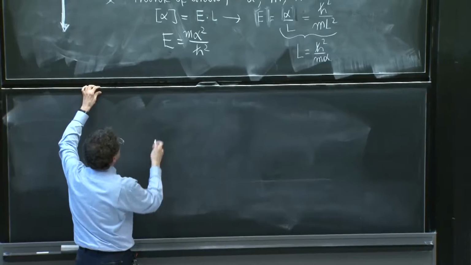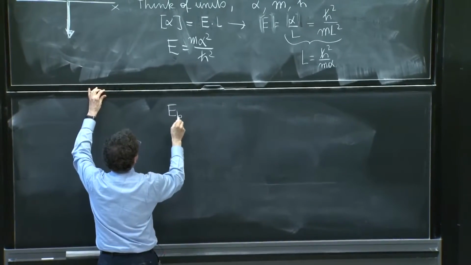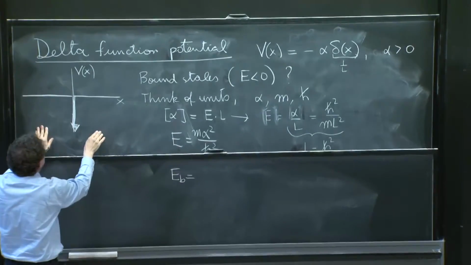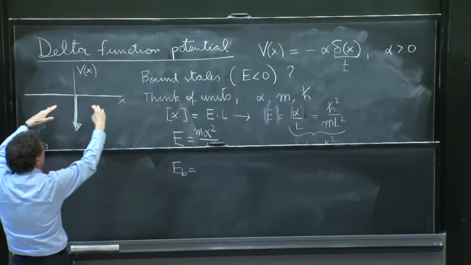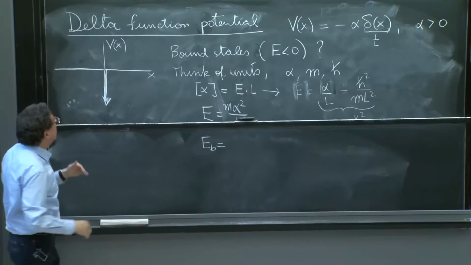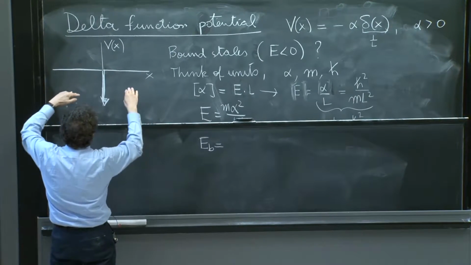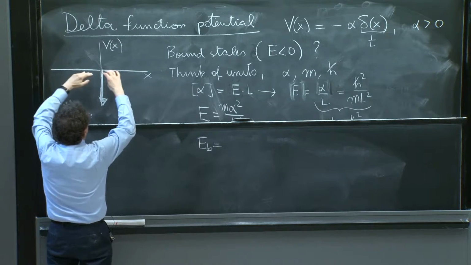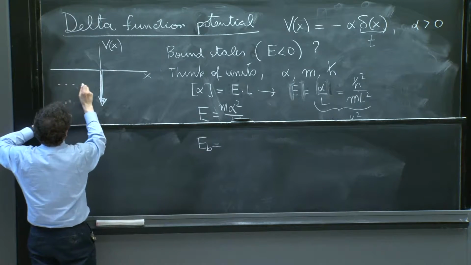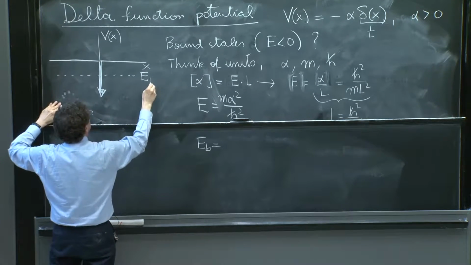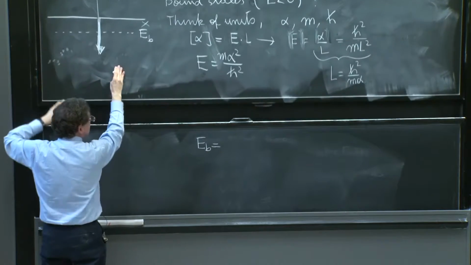If this has units of energy, the bound state energy, now if you have a bound state here, it has to decay in order to be normalizable. In order to be normalizable, it has to decay, so it has to be in the forbidden region throughout x. So the energy, as we said, is negative. Energy of a bound state, if it exists.